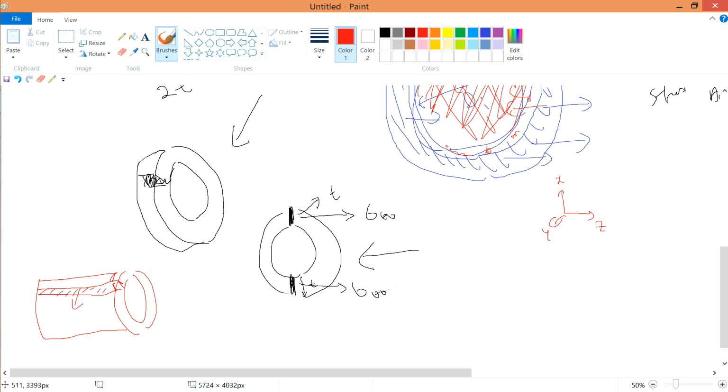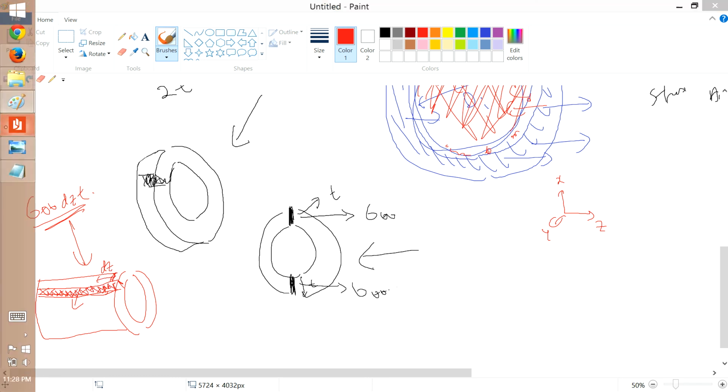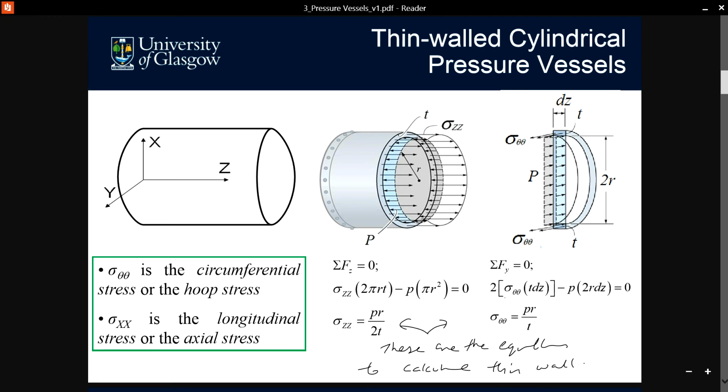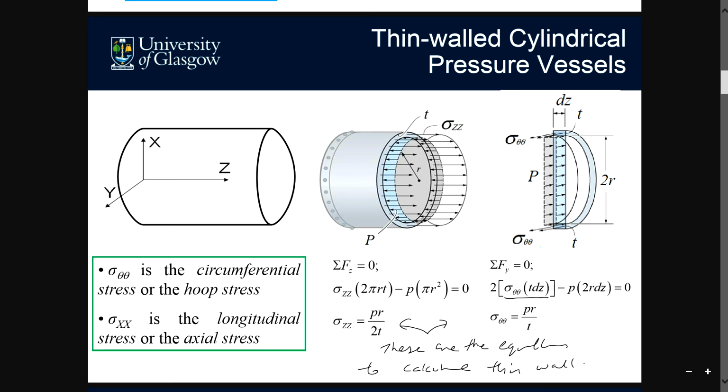If you're talking about dz, this is sigma theta theta times dz times t for the cylindrical system, because it spans in this longitudinal direction. So you're talking about the direction of dz. If you don't know what I mean, this is what I'm talking about, sigma theta theta times t dz.